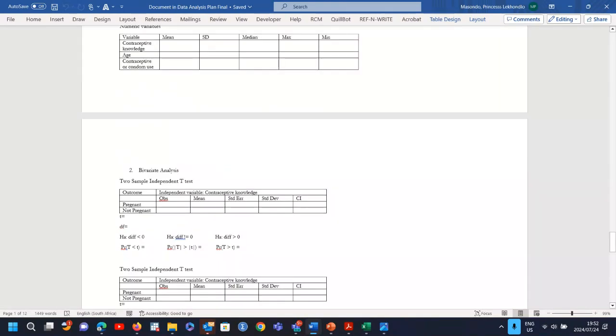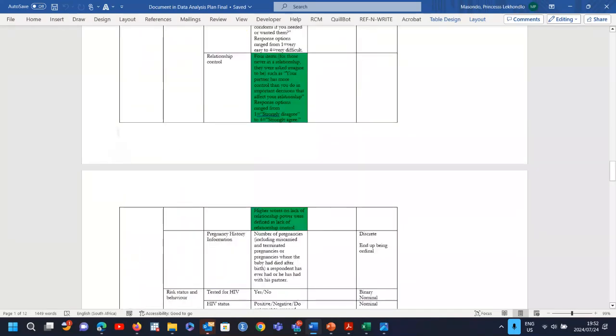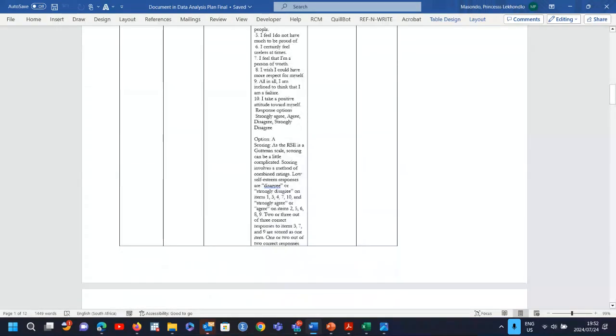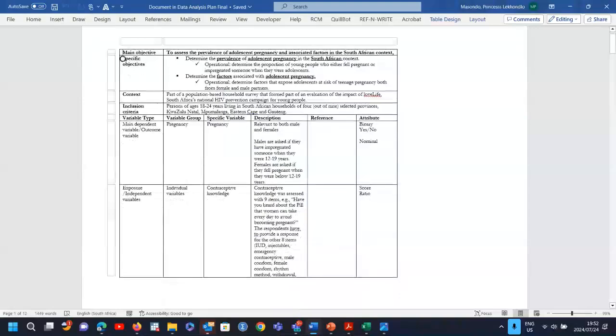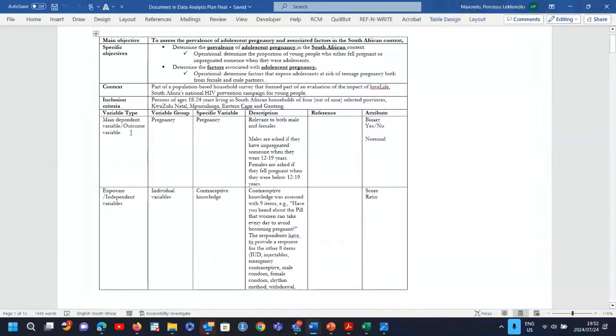So if we come back here and we say that we have one outcome which is binary, yes or no, and we have several independent variables, which means for our main analysis, we're going to be doing logistic regression.